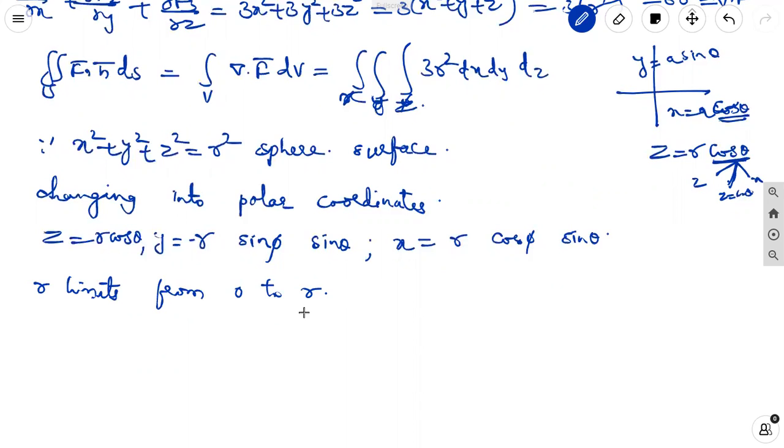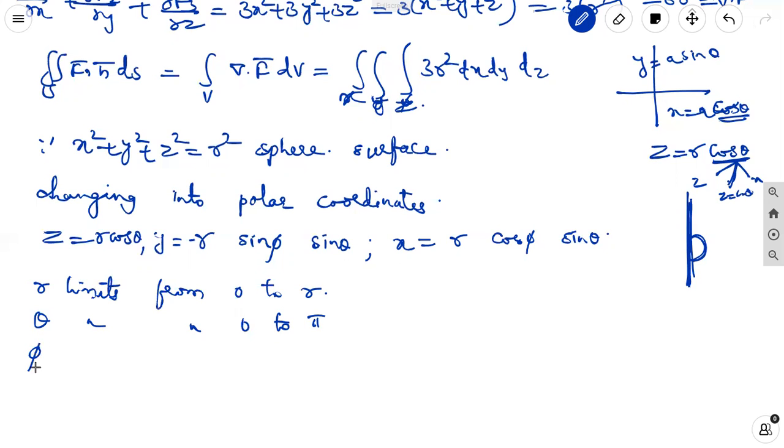And here theta limits from 0 to pi. Why? Because it is the sphere. Sphere means the z coordinate is perpendicular to x and y. So it is a horizontal line. Horizontal line means we take 0 to pi only.